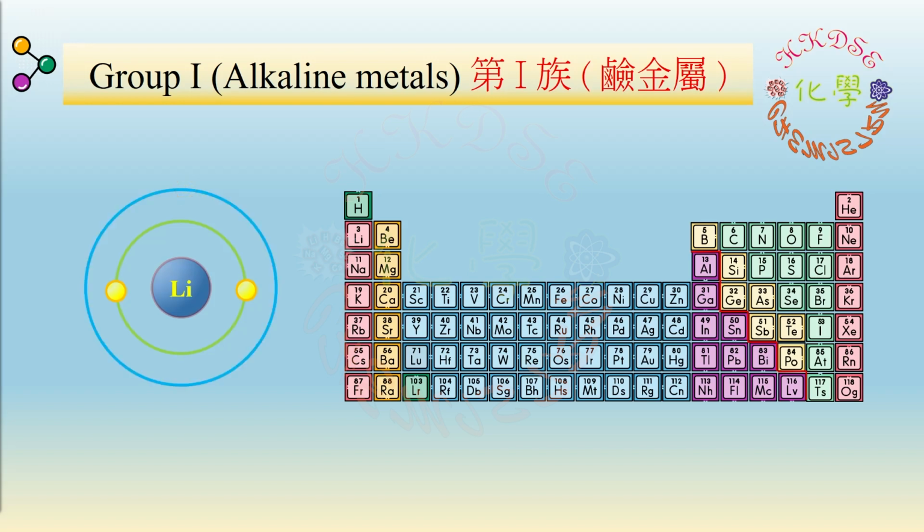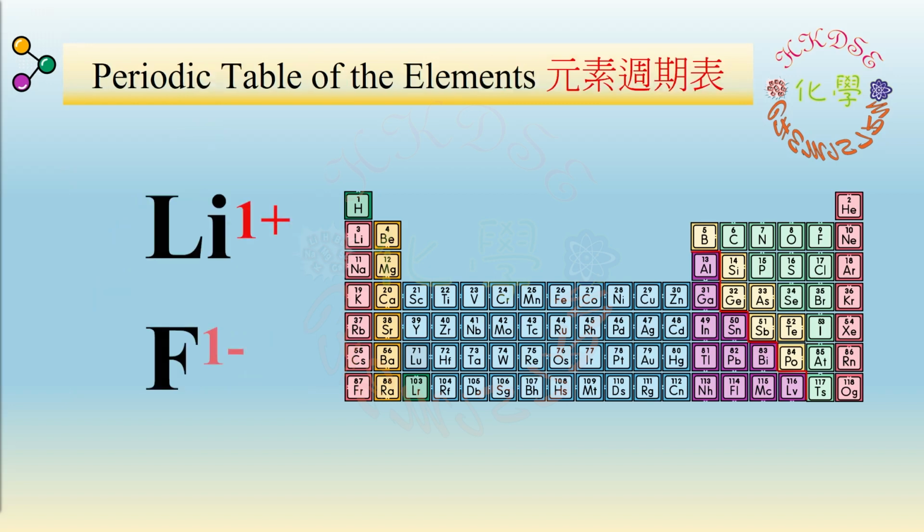We need to draw a big bracket to surround it, with a 1+ charge drawn at the top right of the ion. The 1+ charge indicates the ion has 1 proton more than electrons, which carries 1 positive charge. Lastly, the chemical symbol of lithium will change from Li to Li+. If the ion carries only 1 positive or negative charge, there is no need to write the number 1 in the chemical formula.